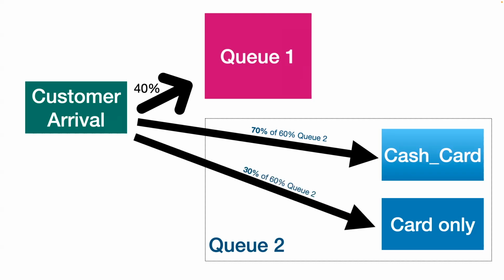And we also route from customer arrival 30% of the 60% for Q2 to a new queue called card only. Basically, we need to get 42% from the customer pool for cash and card and 18% for the queue card only. All right, let's come back to our simulation model.